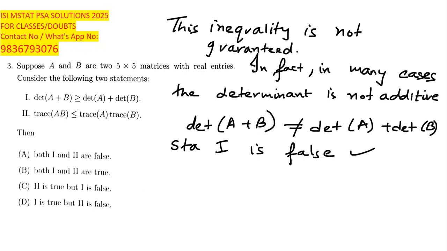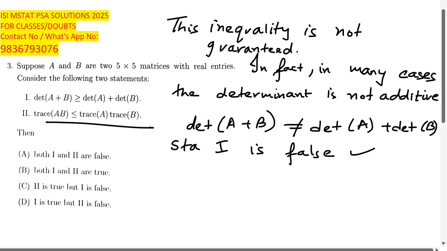Okay, now statement 2. What is it? Trace AB is less than or equal to trace A times trace B. Not necessarily.